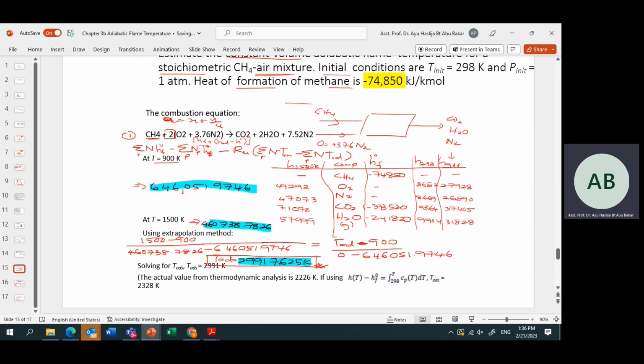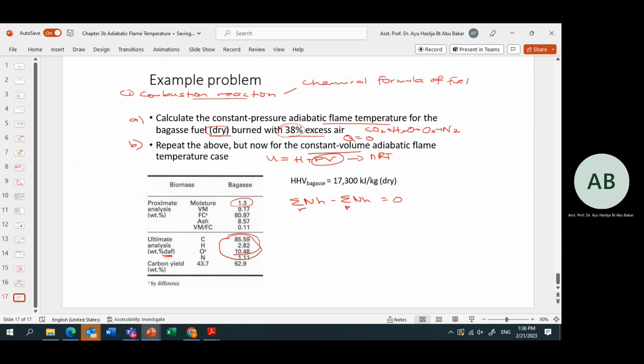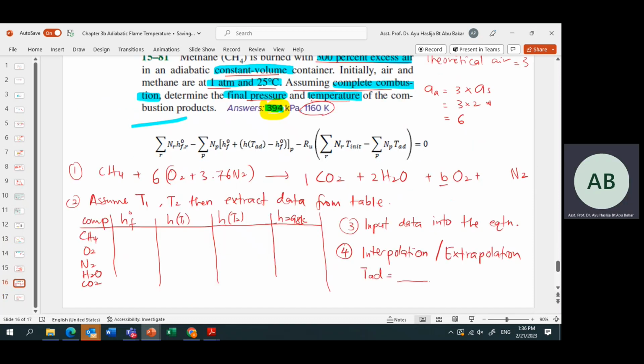P initial is 1 atm. So your final over here is in kPa, so convert this atm to kPa. Then you'll get your P final. Yeah. Let's try to do that. You can try to do on your own.